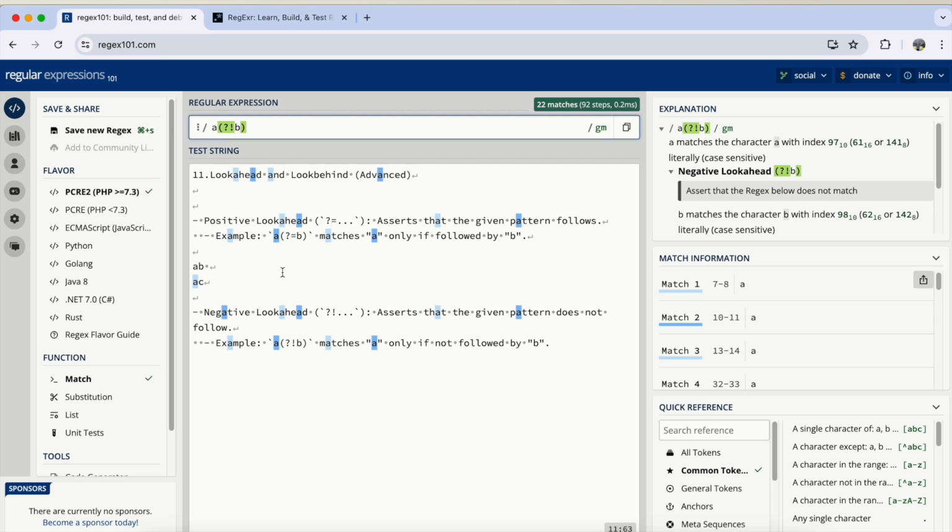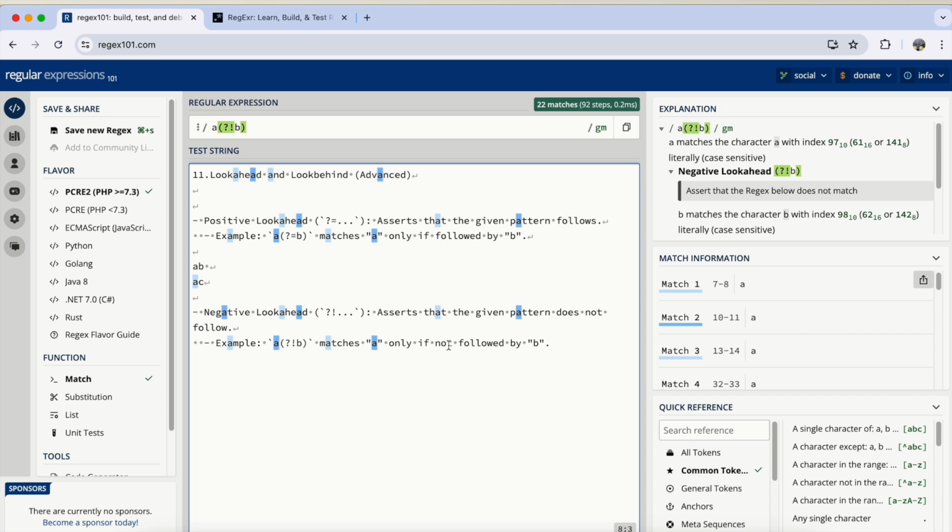So now it is matching all the A's where A is not followed by B. Here it is not matching because in this case A is followed by B. Here see A is not followed by B, so it is matching here, right?